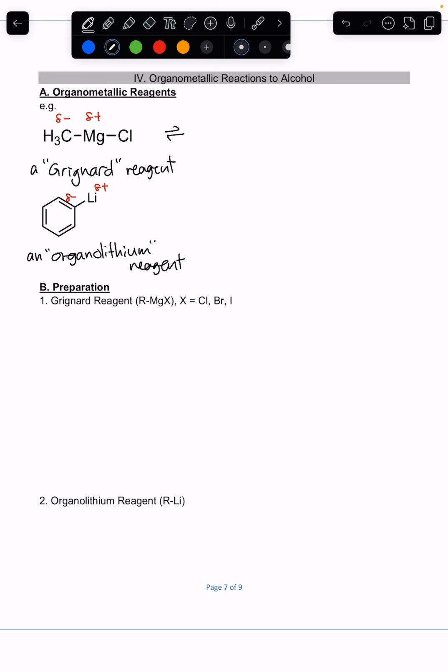One way to think about these organometallic reagents is you could imagine this bond dissociating, and if it does, electrons should end up on the carbon side. So you could think of this as a carbanion source. Same way with organolithium reagent.